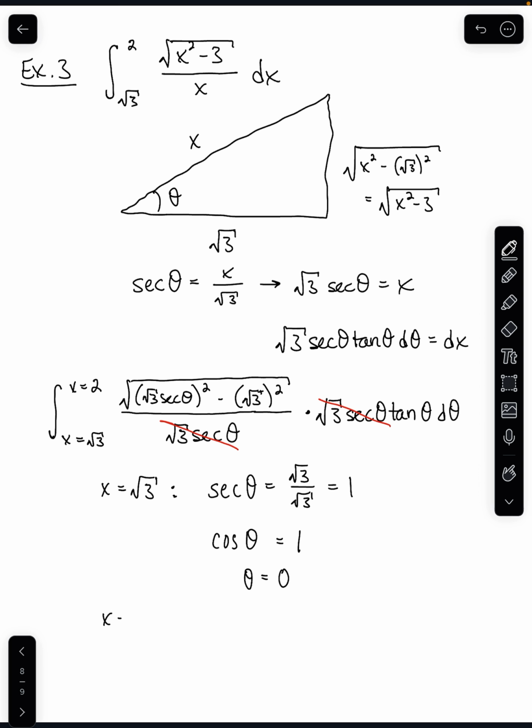Likewise, we can take the upper limit of integration, x equals 2, so that secant theta is equal to 2 over the square root of 3. The reciprocal of secant theta is cosine theta, and that would be equal to the reciprocal of the other side, meaning that cosine theta is equal to the square root of 3 over 2.